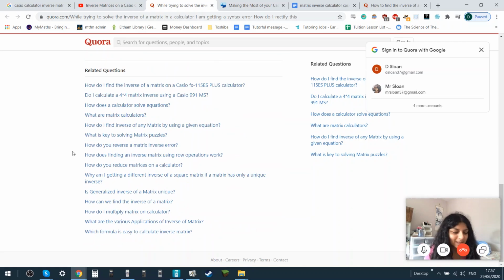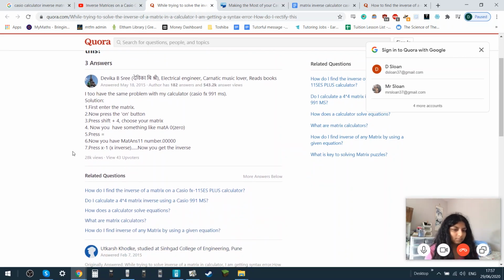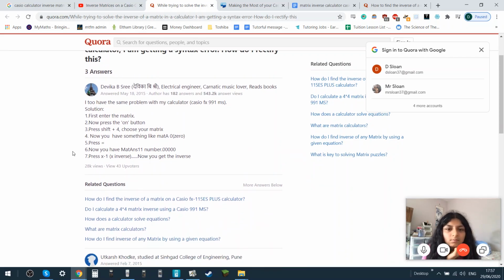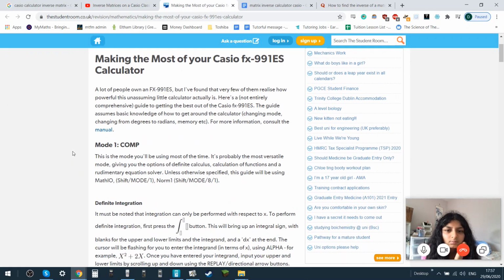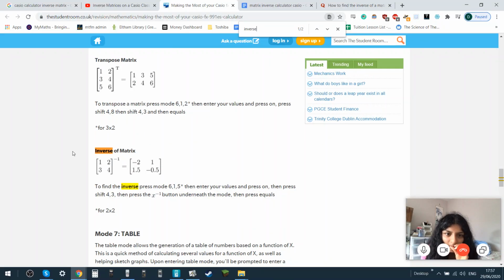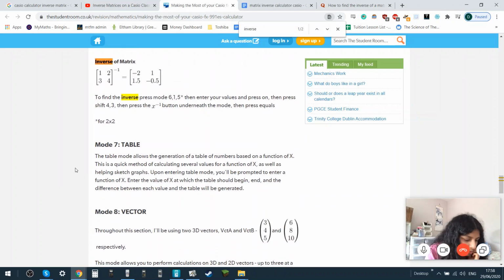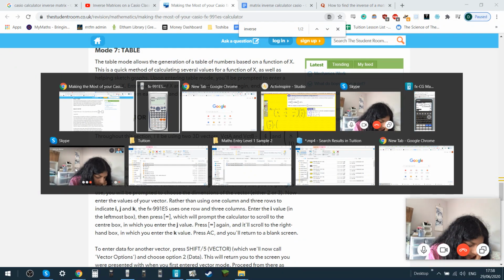But I don't have an X to the minus 1 button. Which one is he using there? 991. Inverse of a matrix. Shift, transpose, mode. This is just crazy enough to work.